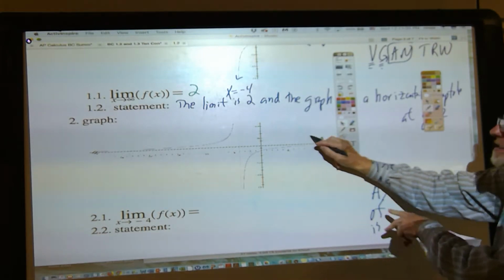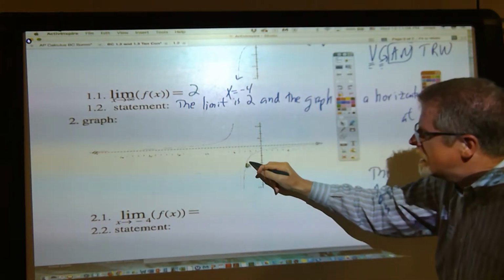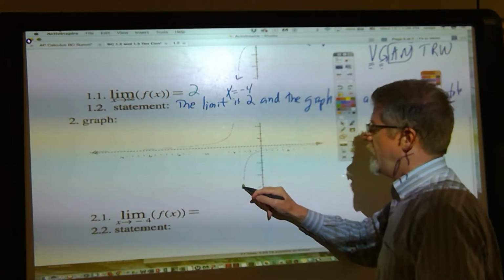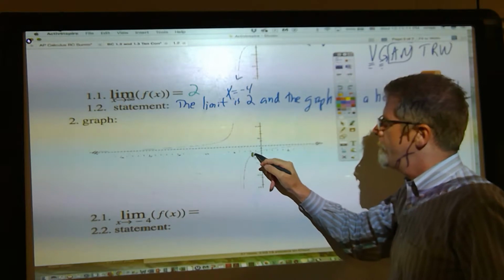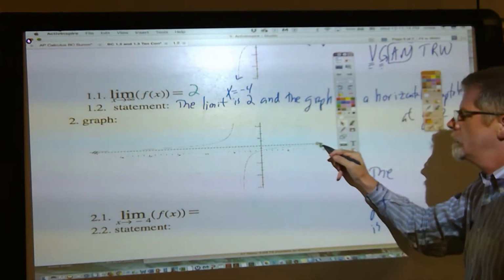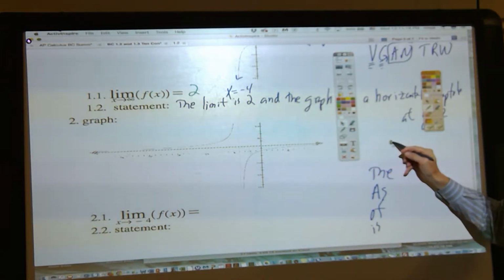Just the word as, it's a tiny word, but it helps you visualize movement as x approaches infinity. So try it again. Ready? Go. The limit as x approaches infinity of f of x is 2. Yeah, which means the output value is approaching 2. Okay?